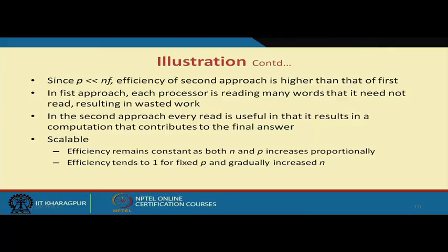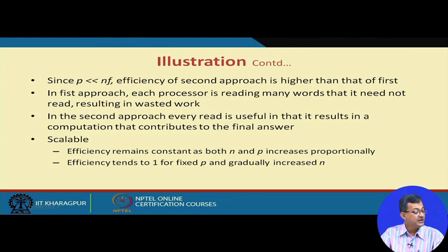The efficiency remains constant as both n and p increase proportionally. So, what we see is that if my data load increases, I increase the processors proportionally, and then my efficiency remains constant in the second case.